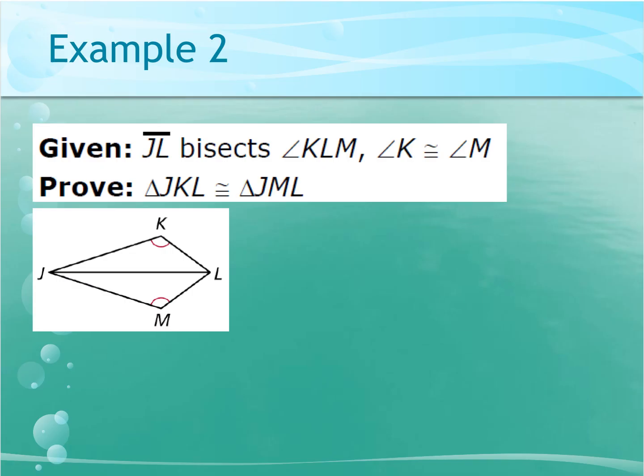So for example 2, we have given that JL bisects angle KLM. So since it bisects it, these two angles are congruent. And they're telling us K and M are congruent. Now, probably the best reason you guys can say is the angle side.